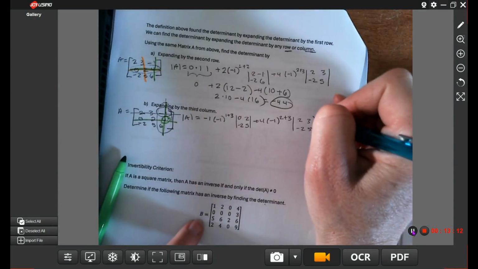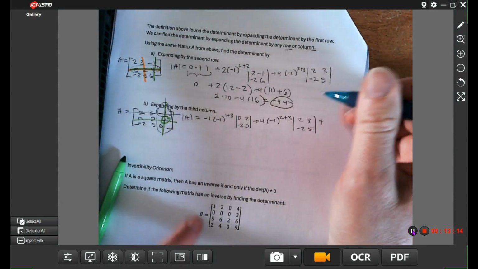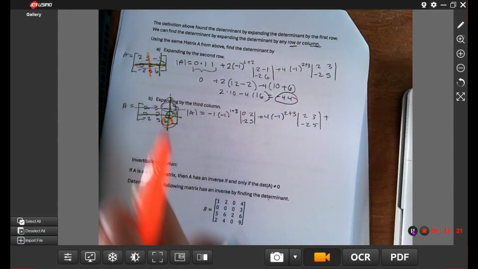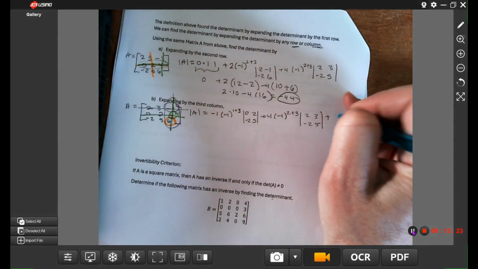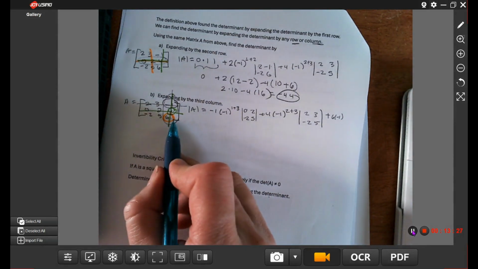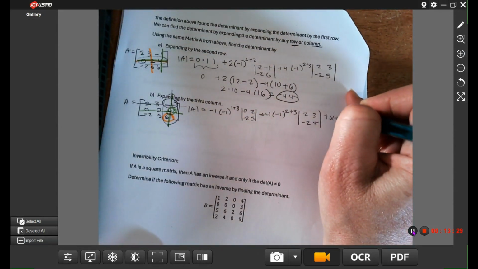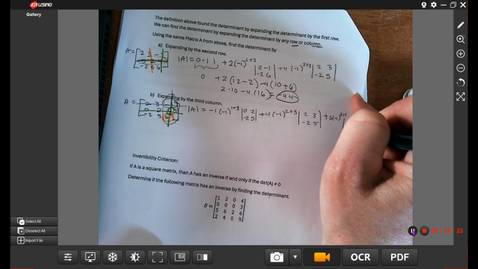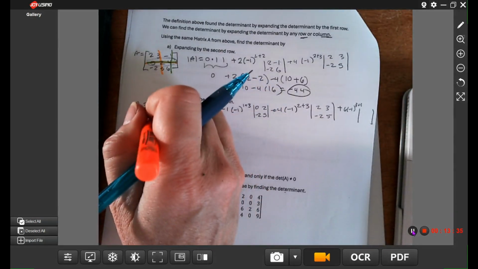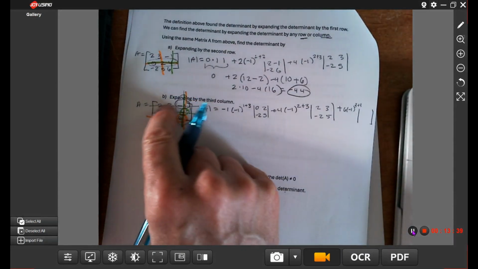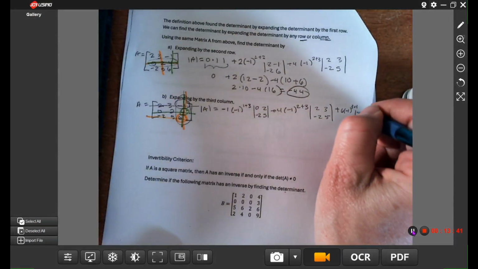Almost done. And then I have this last entry here in the column, which is 6. So 6 times negative 1 to the power of row 3, column 3, so 3 plus 3. And my matrix that remains when I cross out row 3, column 3 is 2, 3, 0, 2.